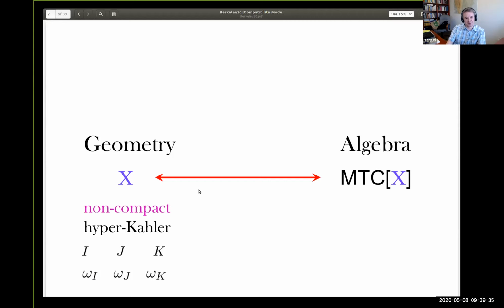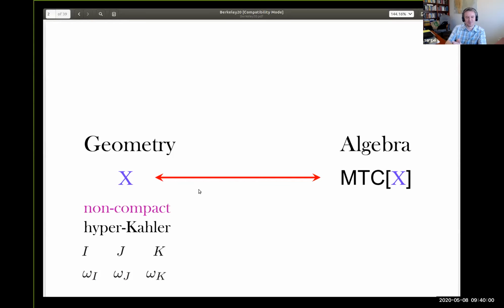So later on, I'll try to explain the most interesting part of the story, and that was the motivation for this work and seminar, and that's the main class of examples I want to focus on, when X is non-compact. So X is always going to be hyperkähler, but it can be compact or non-compact.